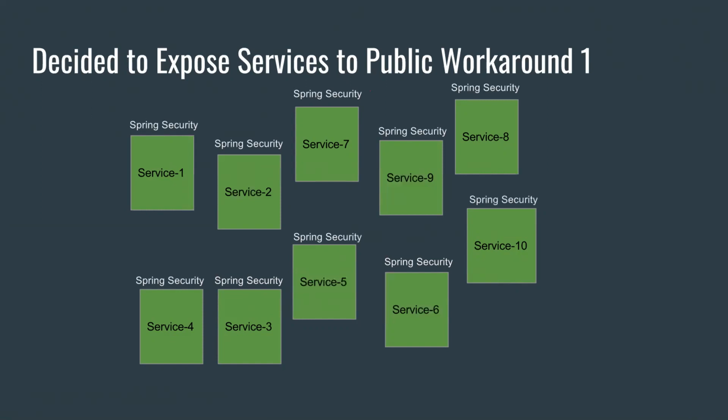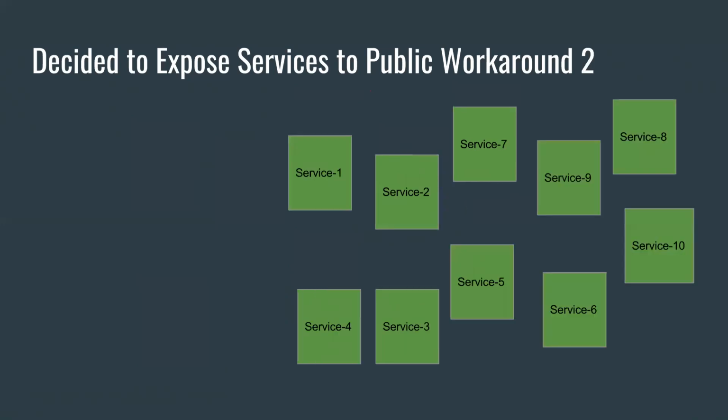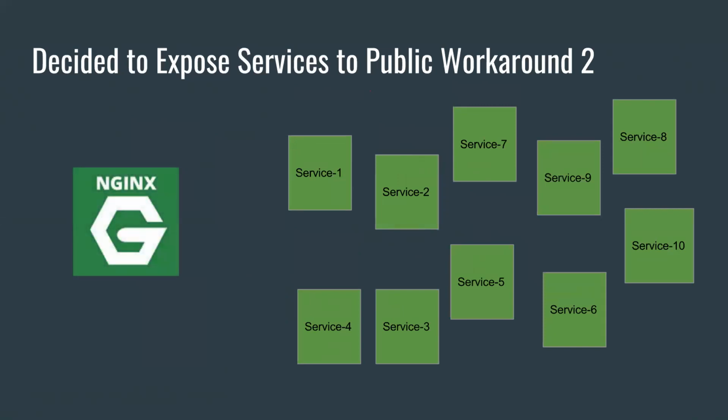I am assuming that this is a Spring application, and then you can add a Spring Security dependency to all of your services in order to put in an authentication and authorization layer. But as you can see, this is very hard to do because you need to apply this strategy to all of your services. Maybe you have hundreds of services, so how can you do that in a short time? So we can eliminate the first option right away.